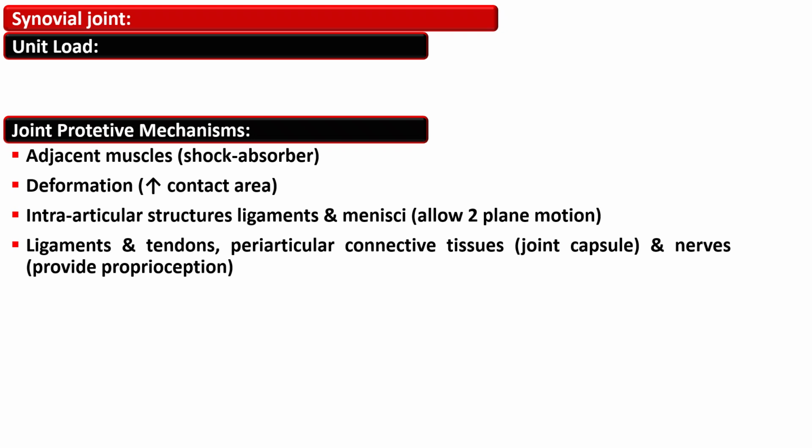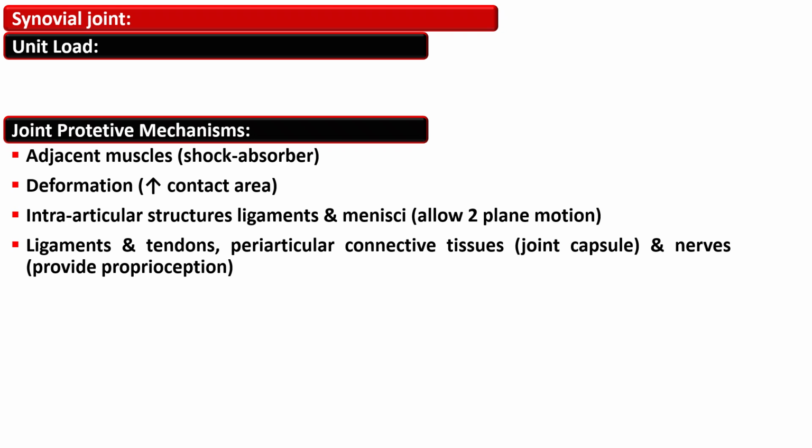If there is increased unit load on a joint, the joint deforms. If this deformity results in increased contact area of the joint, this will obviously reduce the unit load on the joint.